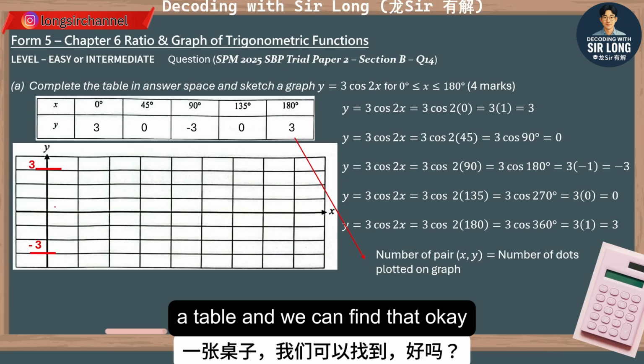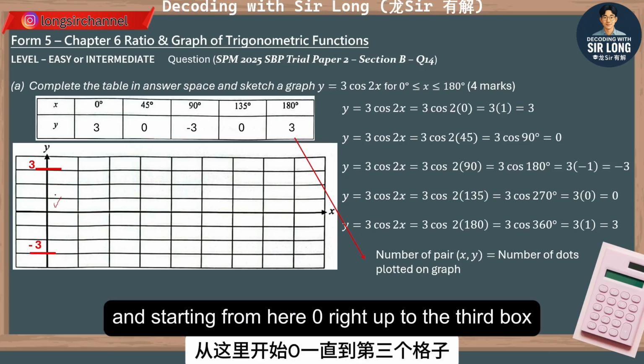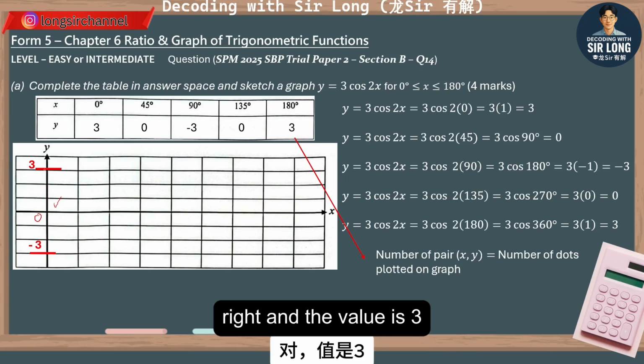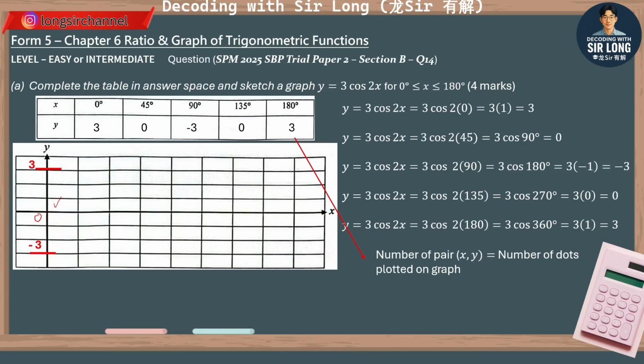One box means 1 as the value, starting from 0 up to the third box, the value is 3. From 0 down to the third box is equal to -3.